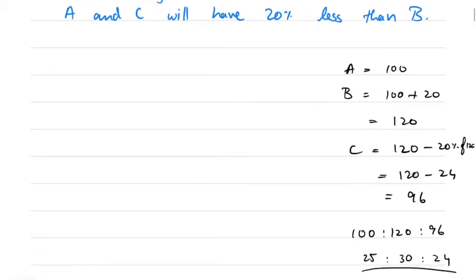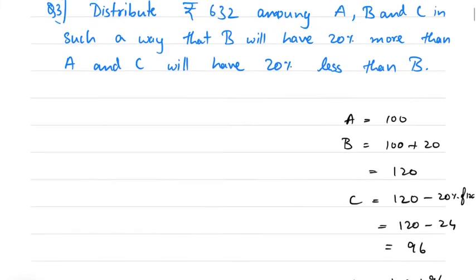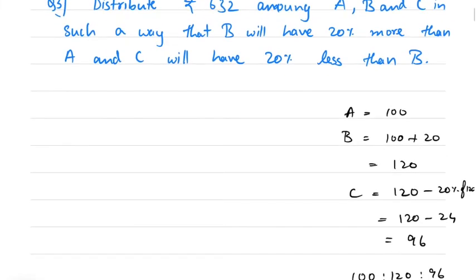So the ratio is 25 is to 30 is to 24. So divide 632 between A, B and C in the ratio 25 is to 30 is to 24. Let us write it.